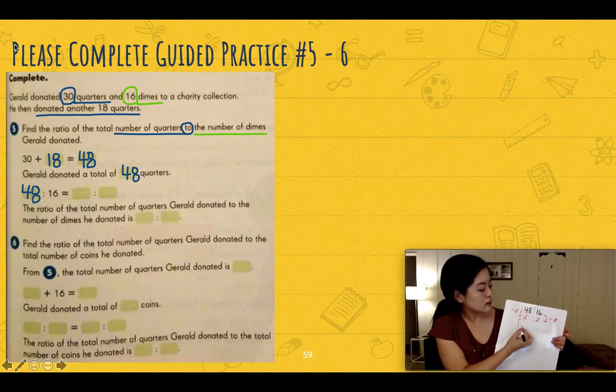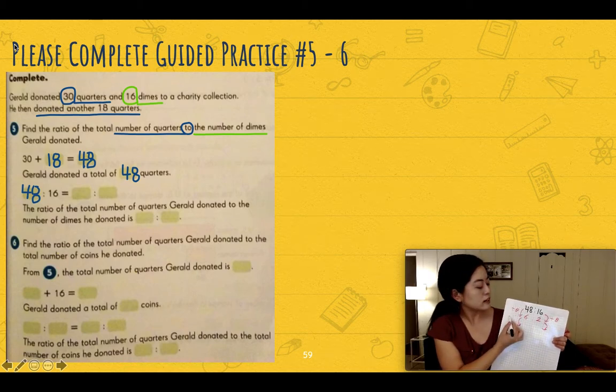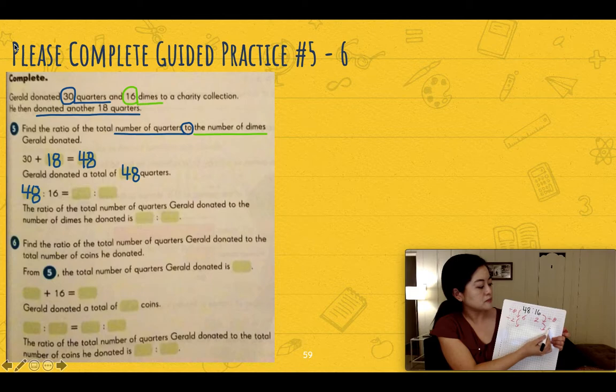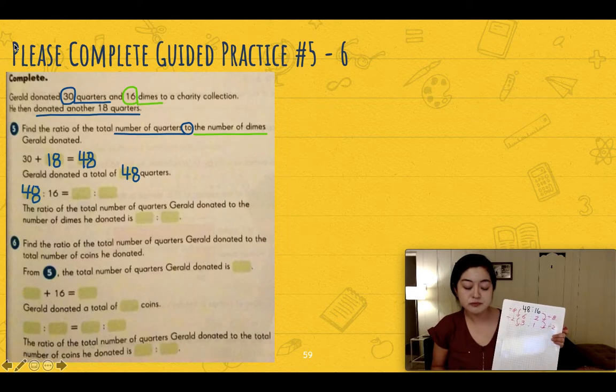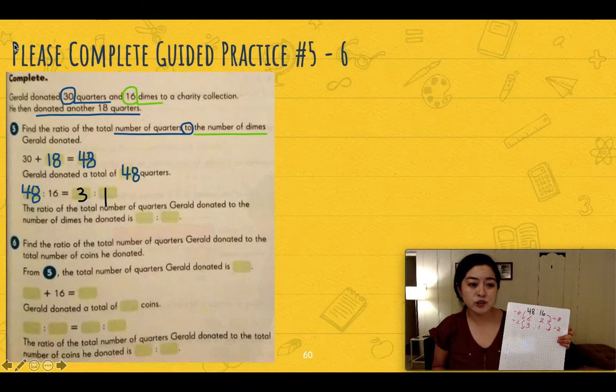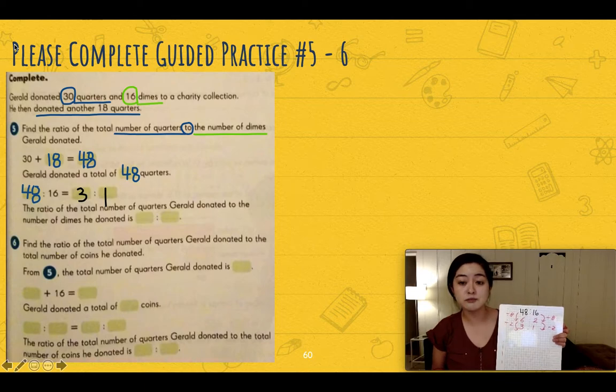Oh, okay. 6 and 2, they're both even numbers, so I'm going to divide by 2. 6 divided by 2 is 3. 2 divided by 2 is 1. Okay, so 48 to 16 simplifies to 3 to 1, and the ratio of the total number of quarters Gerald donated to the number of dimes he donated is 3 to 1, which is in simplest form.